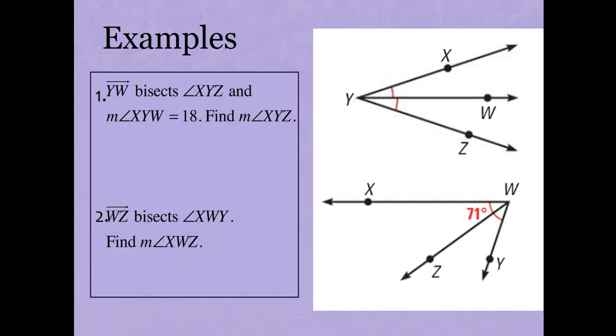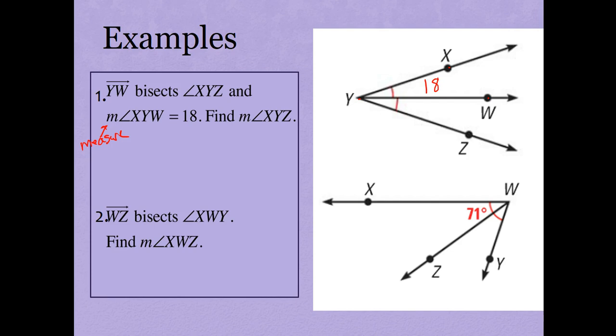So some examples. Ray YW bisects angle XYZ. If the measure, so this M here means measure, keep that in mind, that's how you read that, of angle XYW, the top part, is 18 degrees.